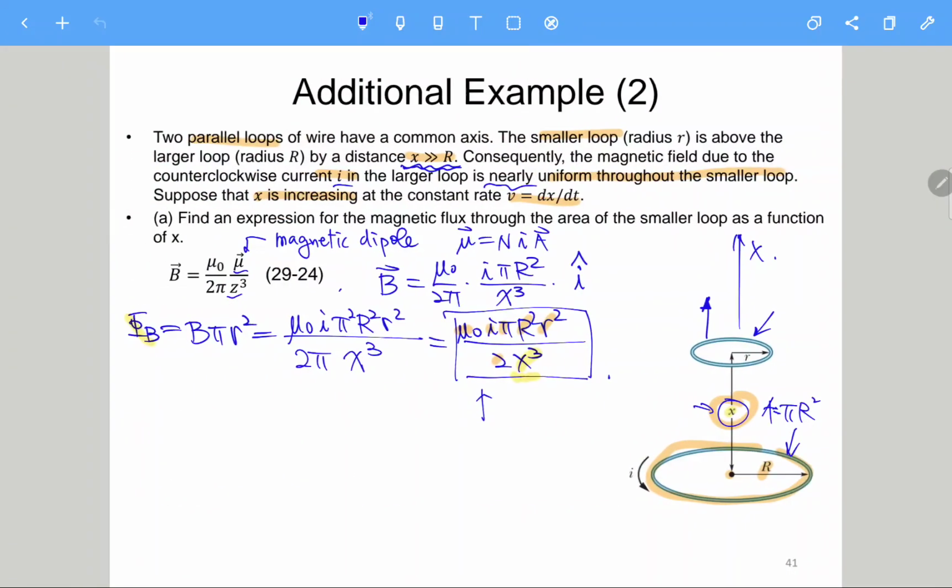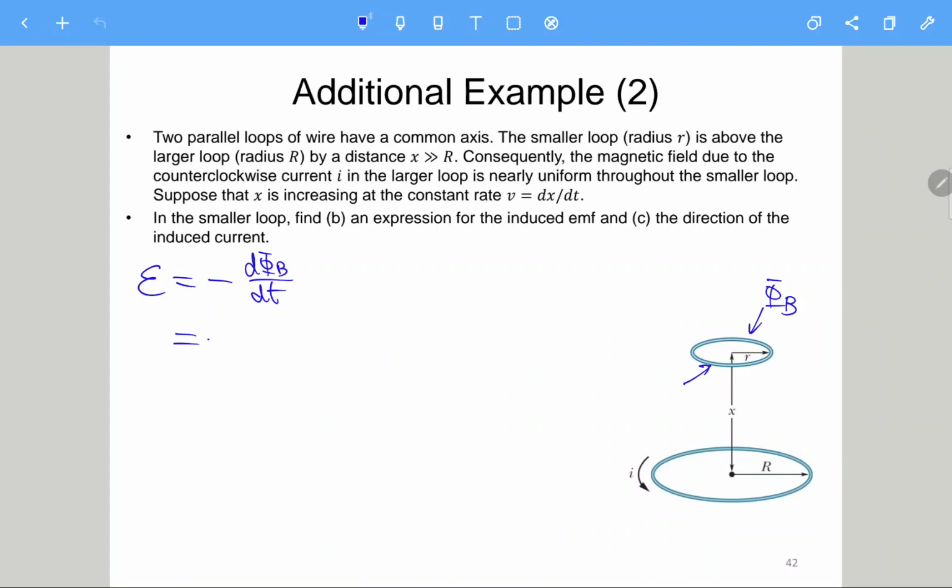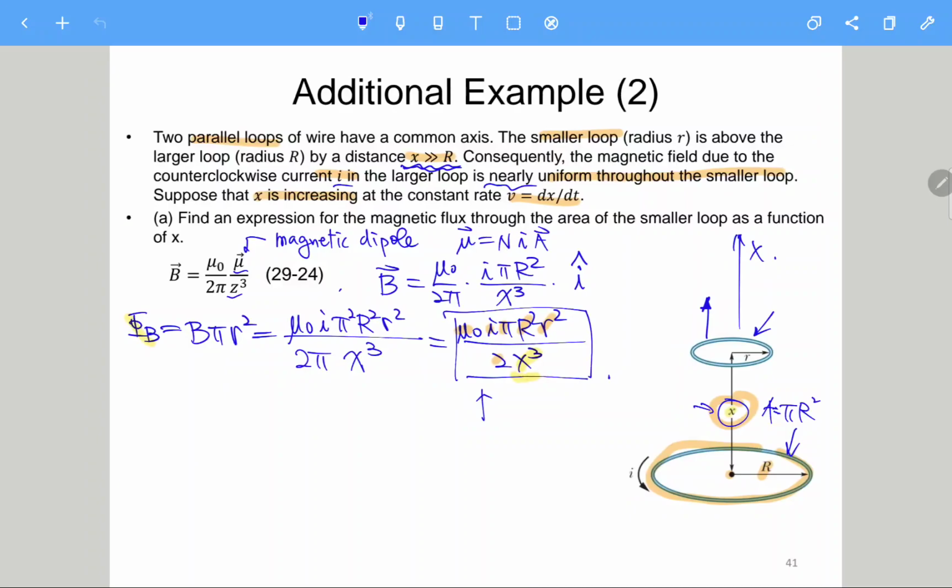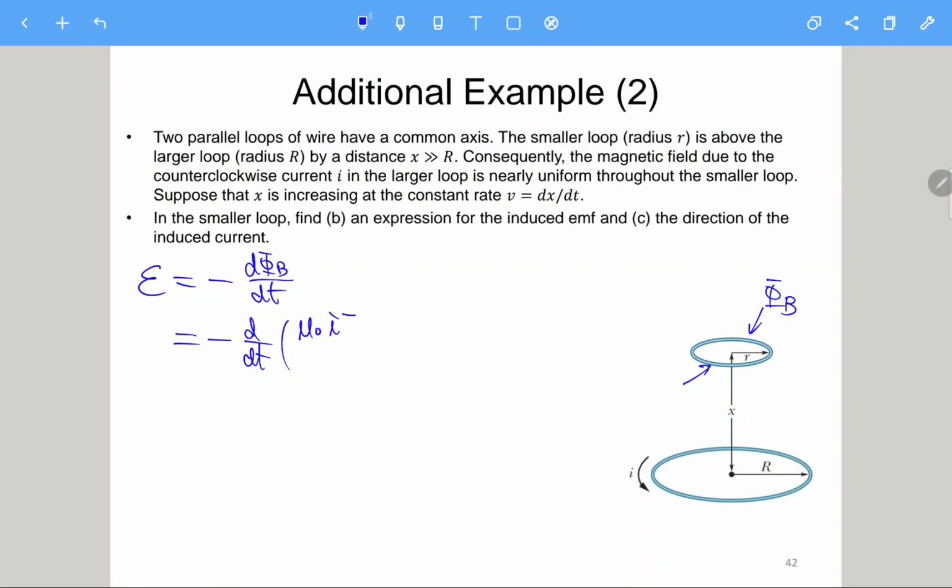So we have minus d dt of mu naught I pi capital R squared small r squared over 2x cubed.